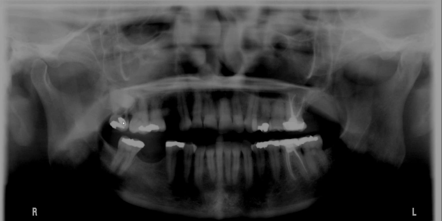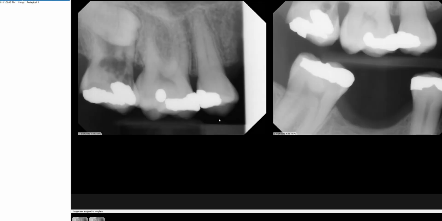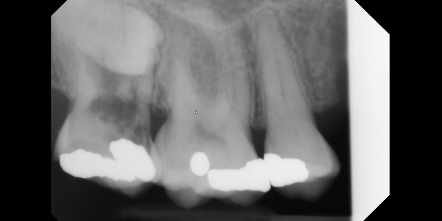Why don't we take a PA of this area? So here we're looking at the periapical film, and we can now much better visualize the relationship between the two.